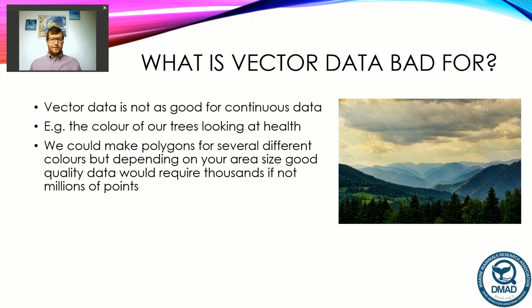So we could make polygons for several different colours, maybe a dark green and a lighter green, but in order to make different coloured polygons for each different tree shade, we'd literally have to have thousands if not millions of polygons, which just wouldn't be particularly convenient, and there'd be massive file sizes.